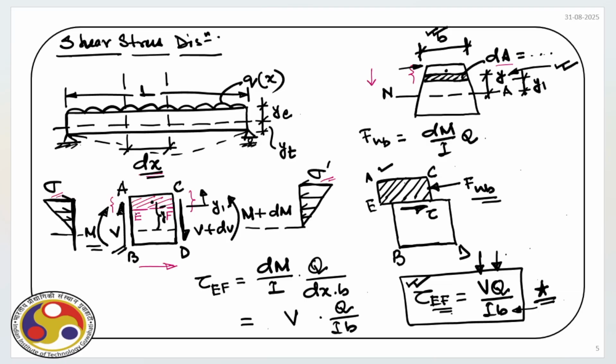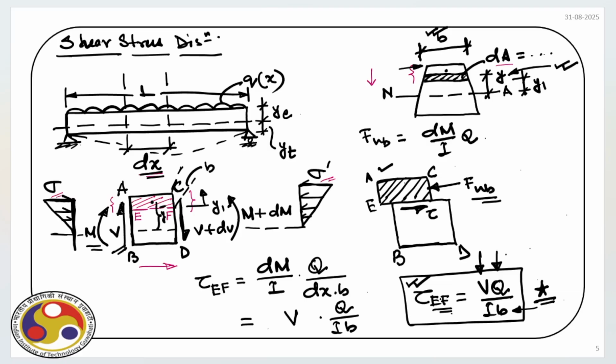So across the section, we can find out the width of this fiber at a distance y from the neutral axis, and that may vary if it is not a rectangular cross section. We will see how to derive those expressions and how that parameter actually affects it.